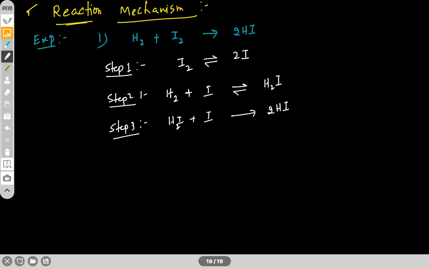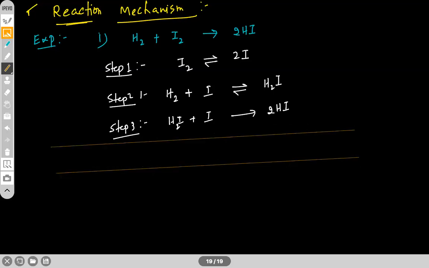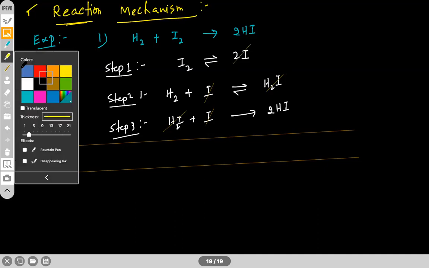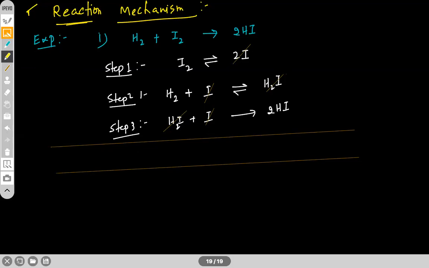Now, when you add all these 3 steps, you'll get the overall reaction. H2I gets cancelled, I gets cancelled, so the overall reaction is H2 plus I2 gives 2HI.